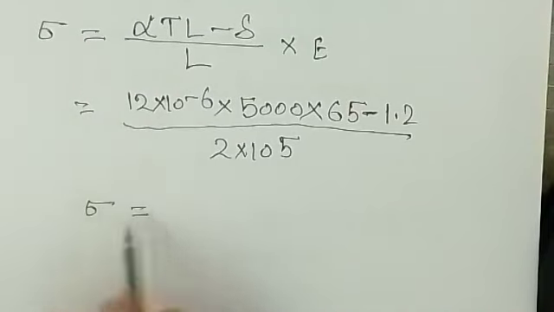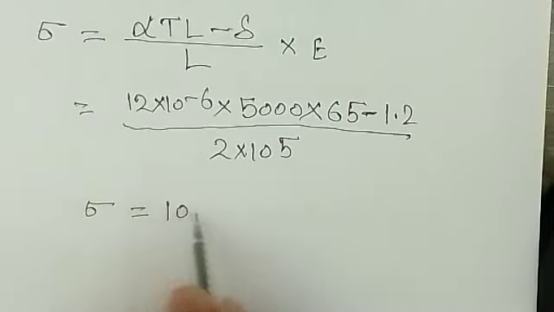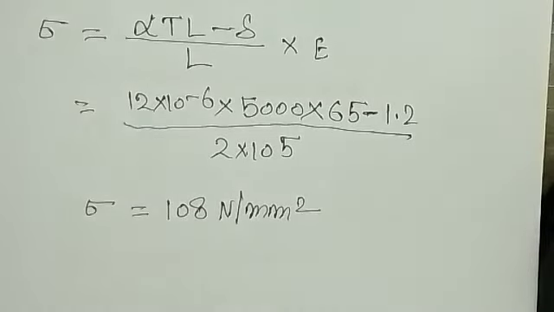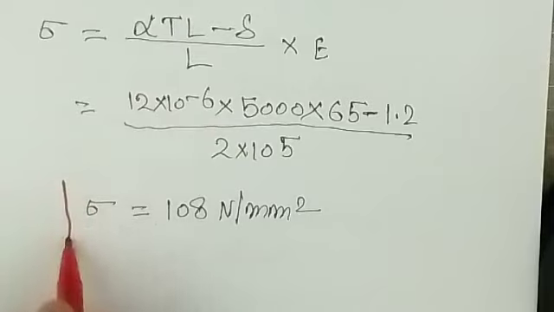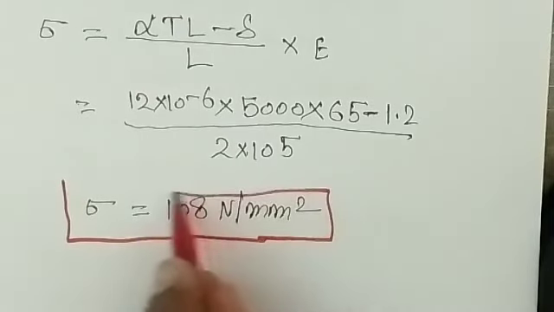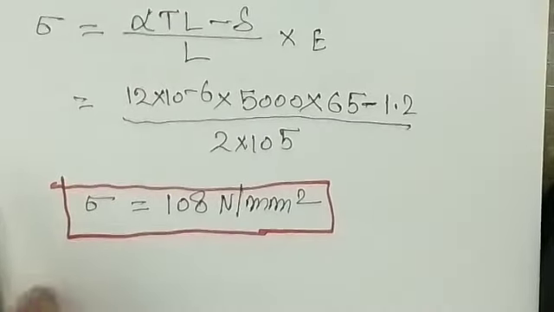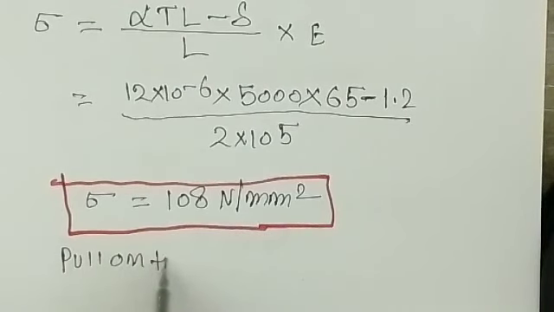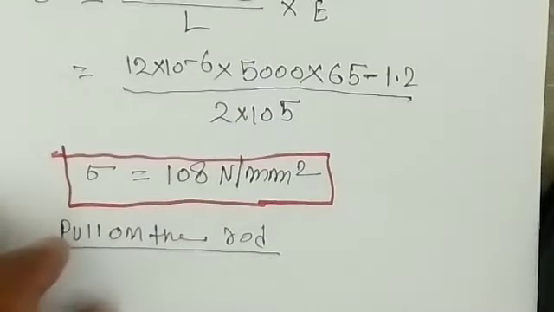Sigma, the stress in case of yielding, is 108 Newton per mm². Second, you have to find the pull on the rod. So the pull P is equal to stress into area.